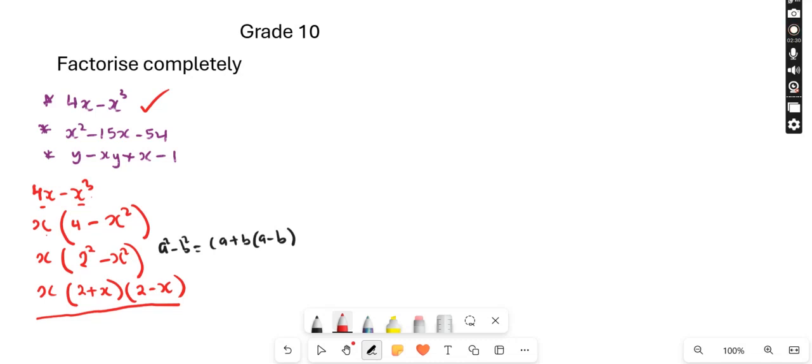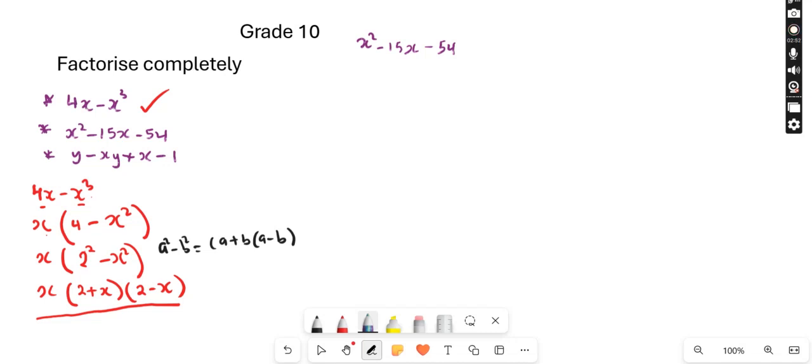When we go to question 2, it says x squared minus 15x, then minus 54. They want you to factorize it. Here we're going to factorize by grouping.